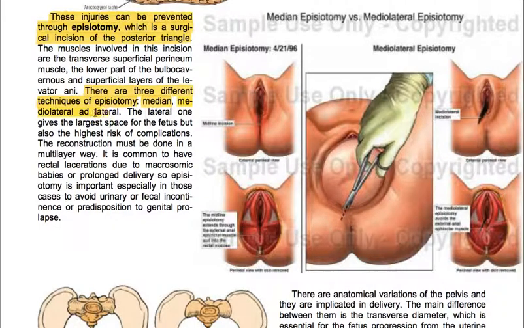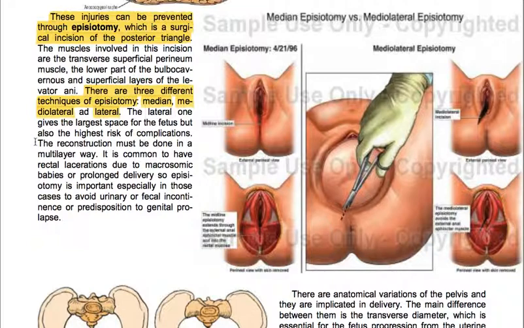So I said we have involvement of the transverse superficial perineal muscle, bulbocavernous muscle, and superficial layers of the levator ani. Okay, the lateral technique gives the largest space for the fetus, but has also the highest risk of complications.